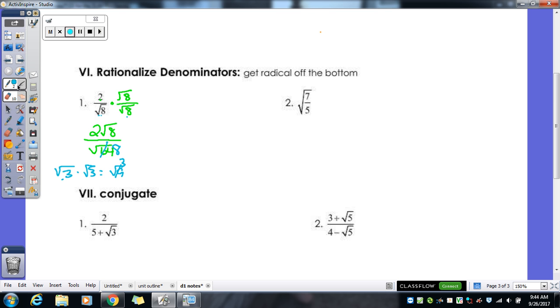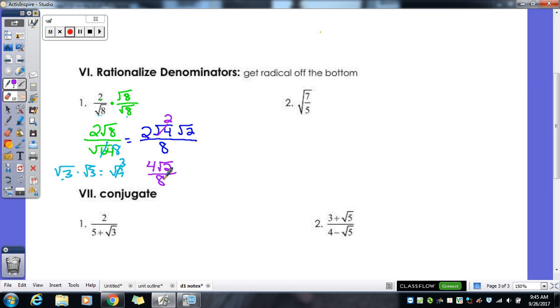Alright, so we still have to finish cleaning this up a little bit. Because the square root of 8, there is the perfect square of 4 that goes into it. So we've always got to simplify if we can. In this case, we can. The square root of 4 comes out as a 2, which times that other 2 that's already there gives me a 4 radical 2 over 8.